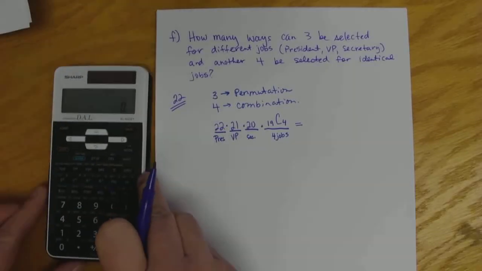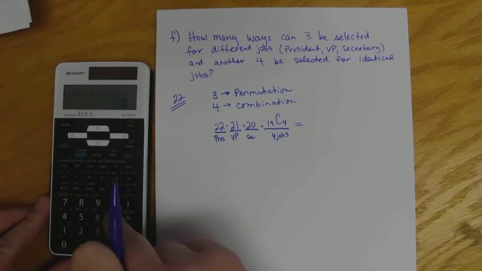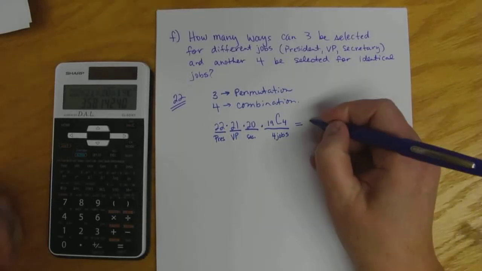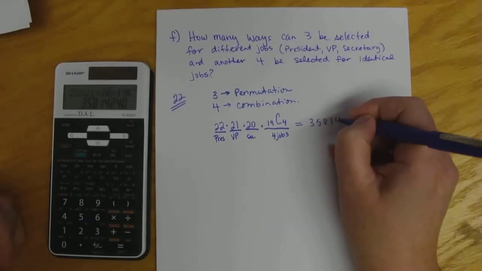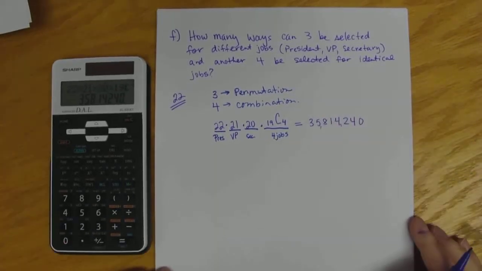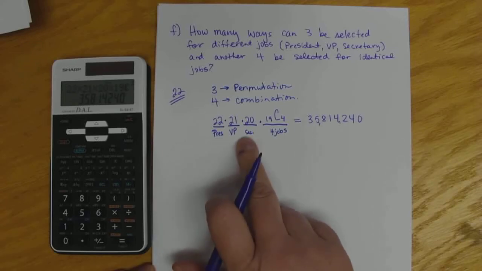Okay, so, sorry, I should show that. So 22 times 21 times 20 times 19C4. Or you could do them separate. It's lots of ways they could be selected of 22 people. And of course you could put 22P3 here.